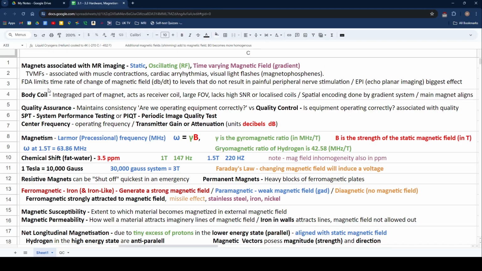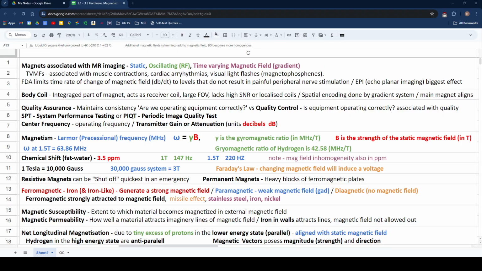The FDA limits time rate of change of magnetic fields, dB/dt, to levels that do not result in painful peripheral nerve stimulation. Echoplanar imaging has the biggest effect of this.